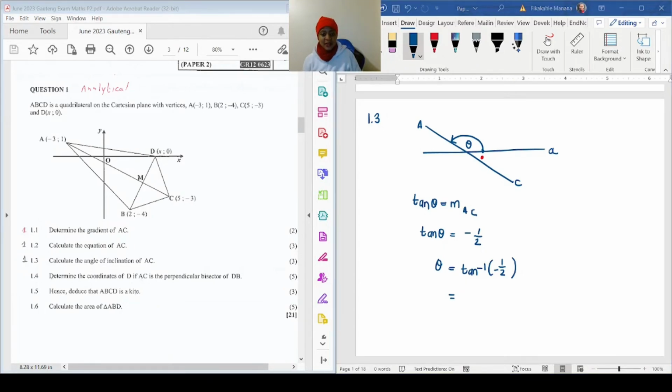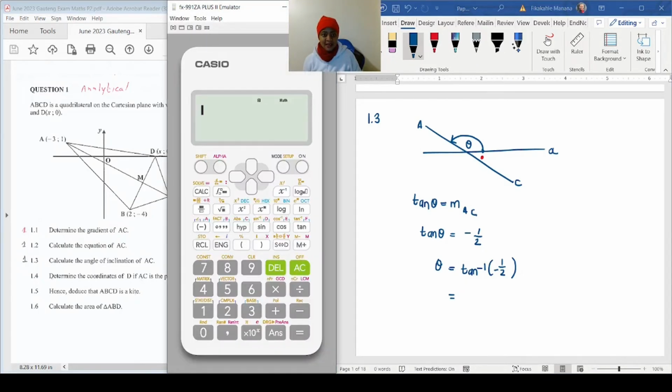Where's the calculator? There it is. Oh, we have a new calculator. Okay, so shift tan, negative a half. Like I said, we actually get negative 26,57 degrees, but that's not the angle. What we just calculated is this angle over here.